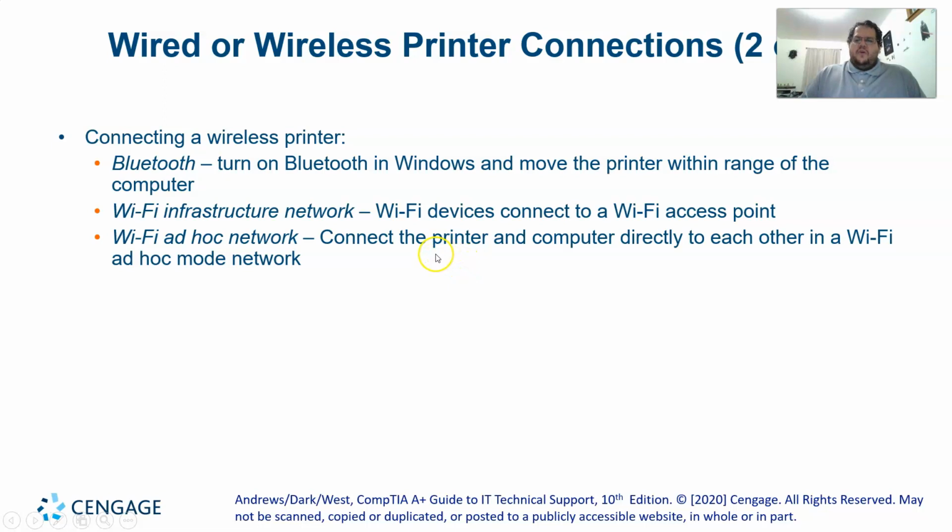Then you have Bluetooth, which is short range, so my phone could connect to it. Not that many printers still use Bluetooth, but it's there. Then you have Wi-Fi infrastructure, which connects to your Wi-Fi. A lot of printers have Wi-Fi over Ethernet because it's cheaper, with less hardware.